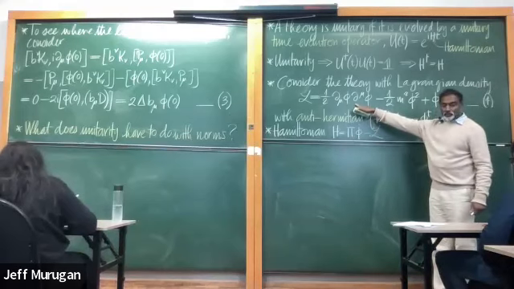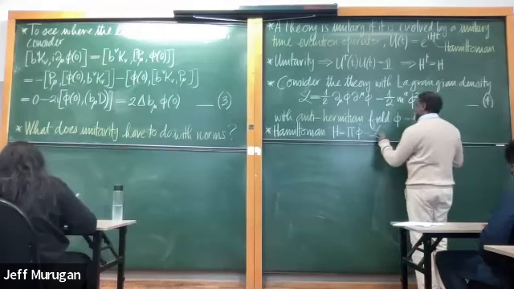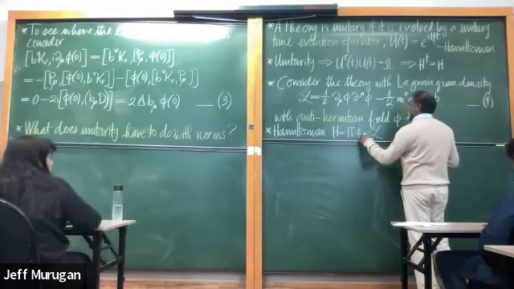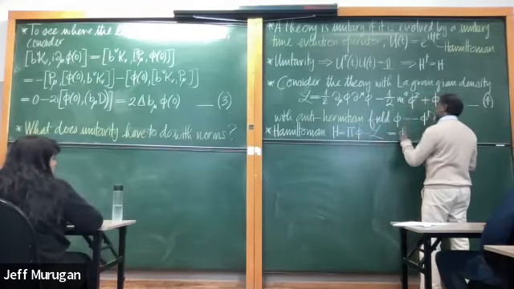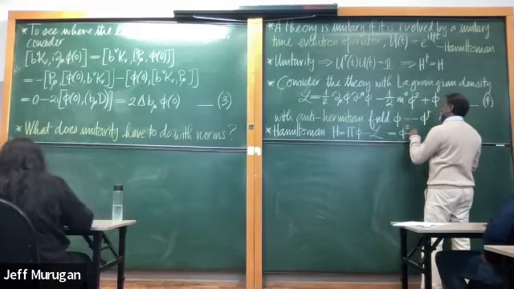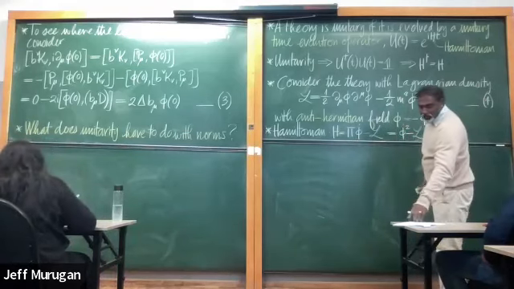So that can only come from here, and this is just phi dot. So this is phi dot squared minus the Lagrangian.